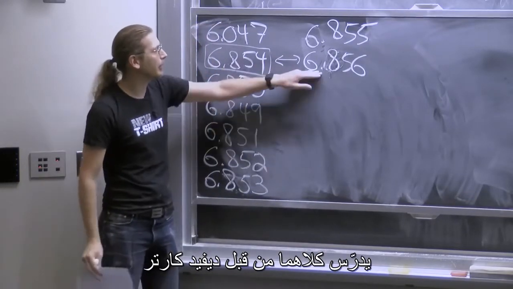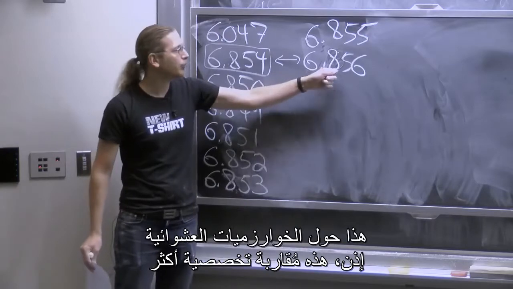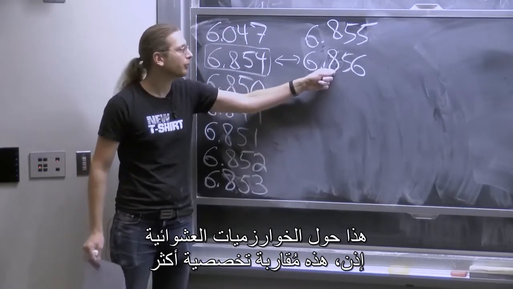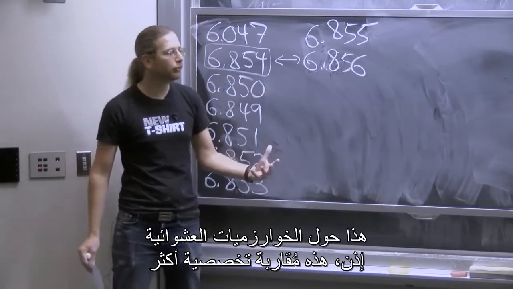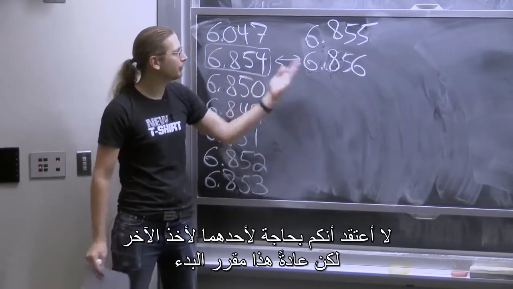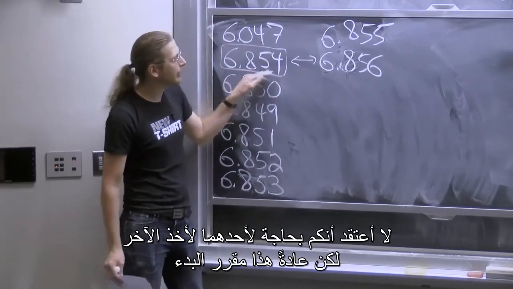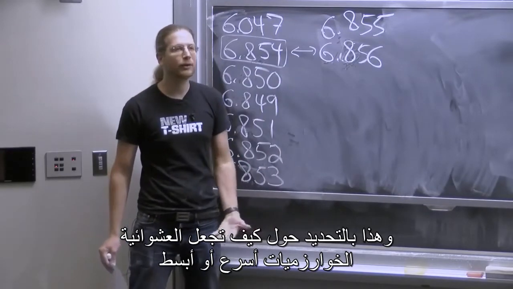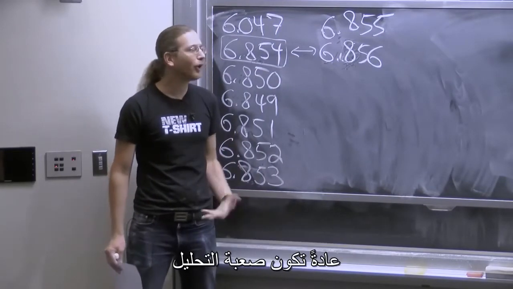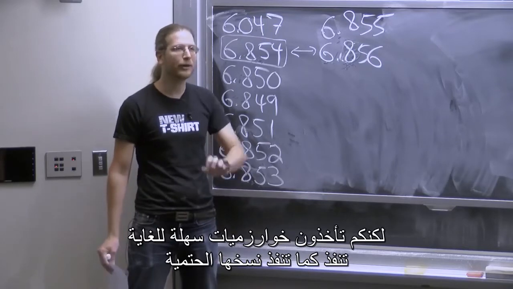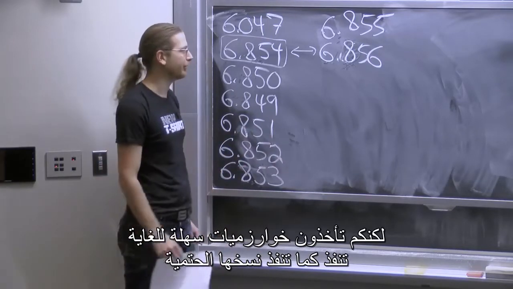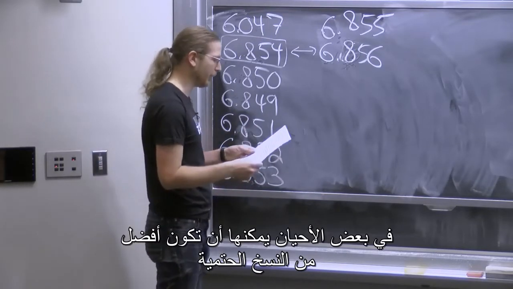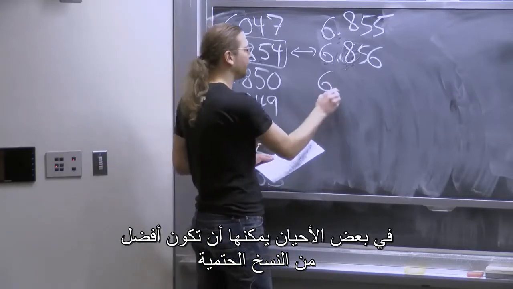These are both taught by David Karger. This is randomized algorithms. So this is a more specialized approach. I don't think you need one to take the other, but this is the usual starting class. And this is specifically about how randomization makes algorithms faster or simpler. Usually they're harder to analyze, but you get very simple algorithms that run just as well as their deterministic versions. Sometimes you can do even better than the deterministic versions.